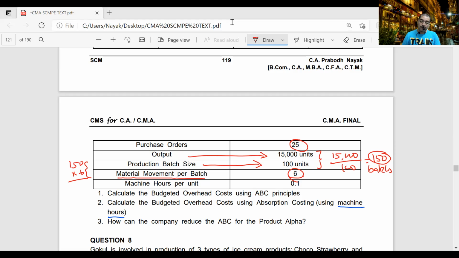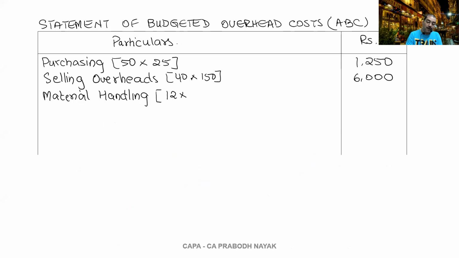In the working, we'll have to show 12 into 150 batches into 6 movements. So that will come to 10,800.